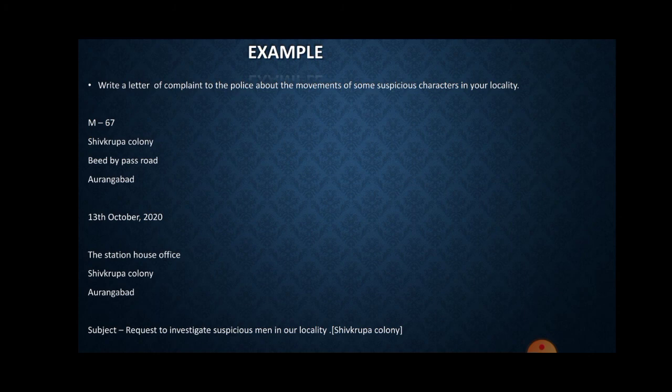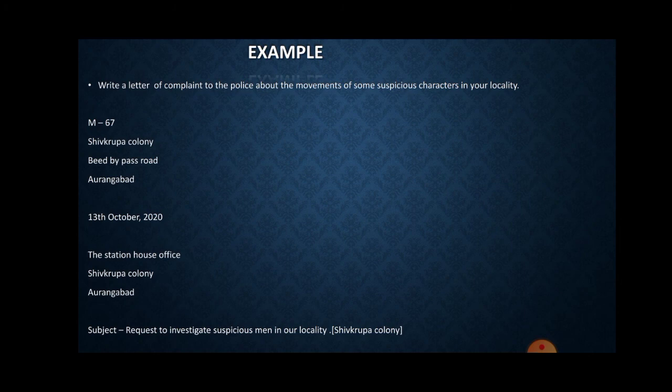2020. Again leave one line and write the address of the person to whom you are writing a letter. I have written the Station House Officer, Shiv Krupa Colony, Aurangabad. Again leave one line and write the subject. The subject should be of maximum 8 words.